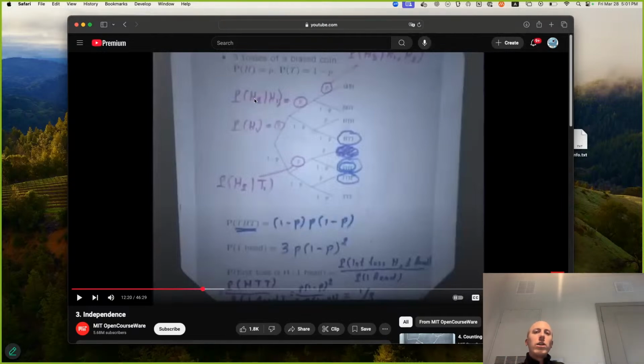But if you just look at this and expand out what these terms actually are, it's very different. Given that we're in a scenario where the first one was heads, we're looking at a bunch of different options of what happened, and now we're saying, what's the probability that the second one was heads?